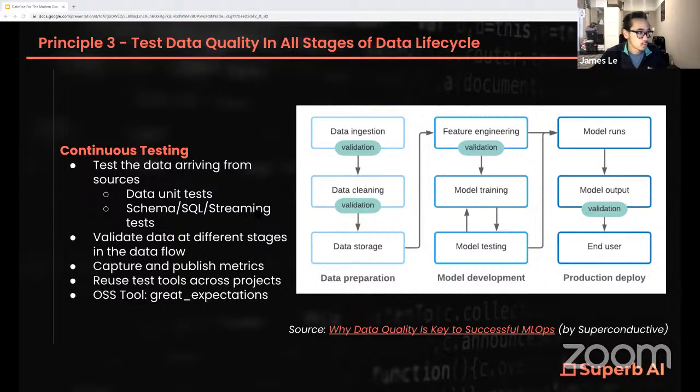And finally, you want to capture and publish some of the metrics across the stages that I just mentioned. The best way to go about this is to reuse your testing tooling by building a common testing framework that can be standardized across your data team.